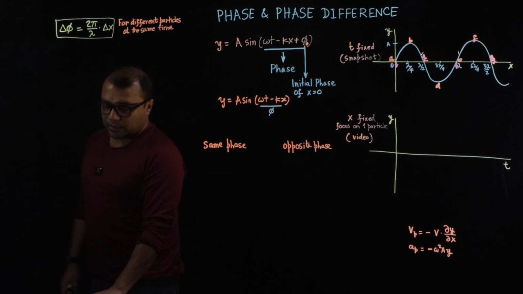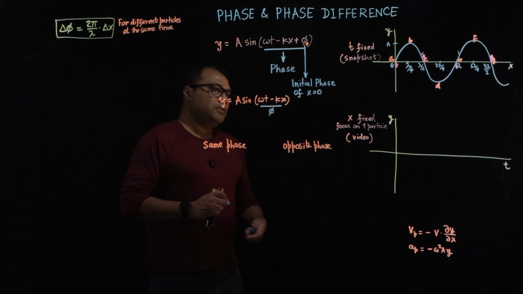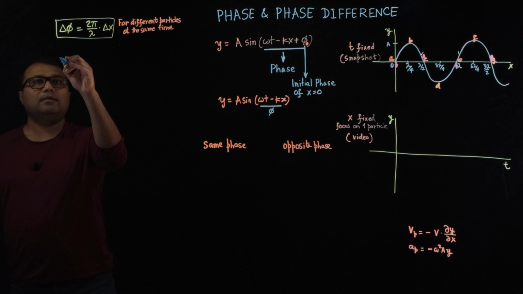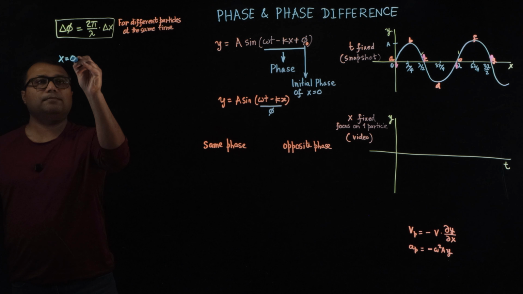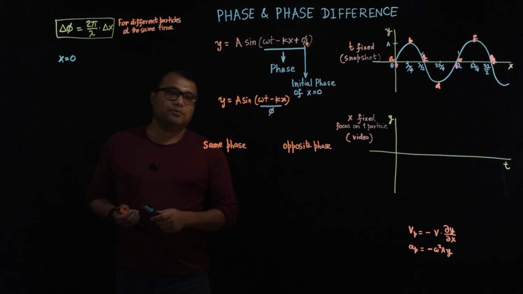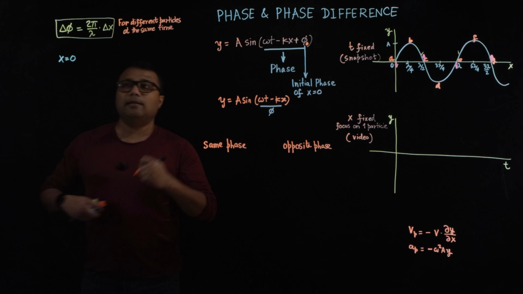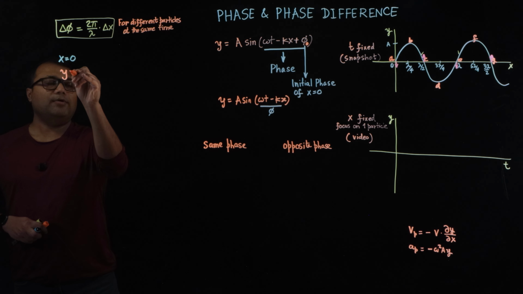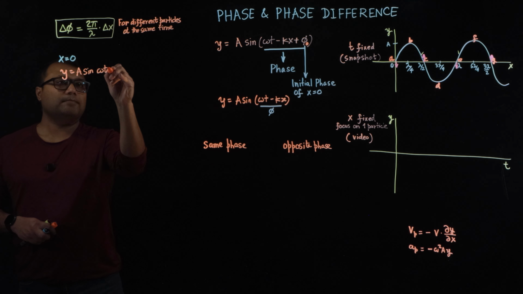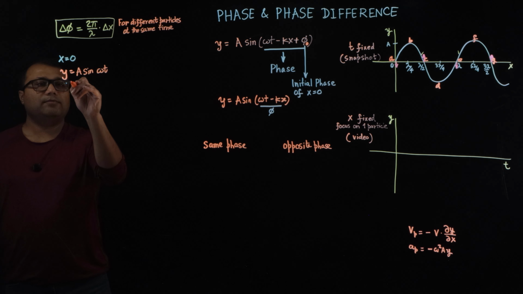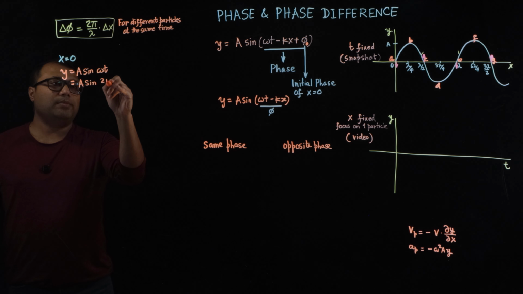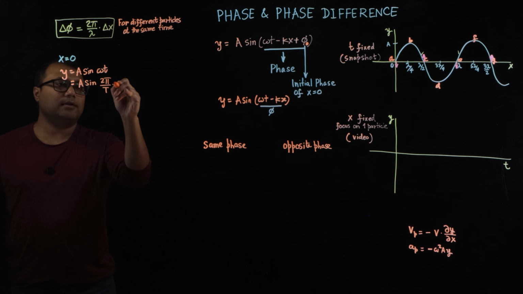Okay. So how can we draw that graph? We can take up any particle. For our convenience, let's take up the particle at x equals 0. Okay. So if I take up the particle at x equals 0, then my equation now becomes y equals a sine omega t, or we can say y equals a sine 2 pi by time period times t.